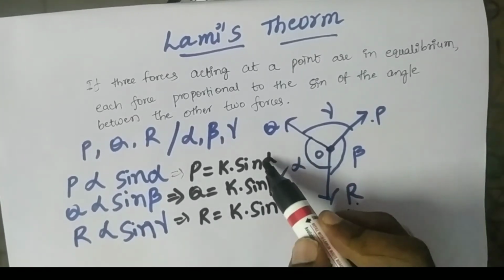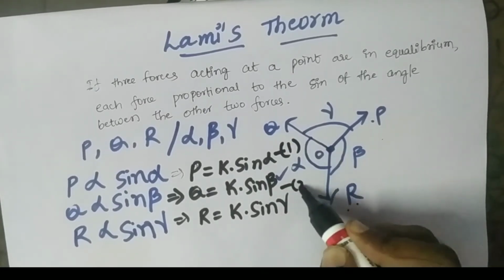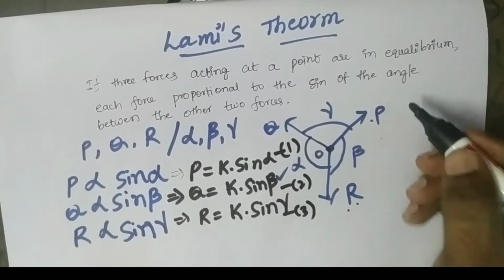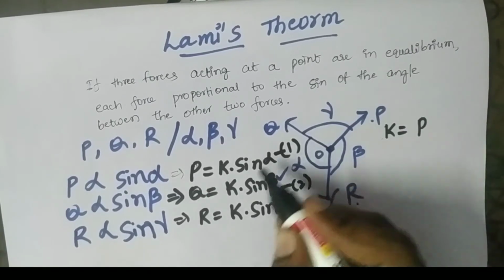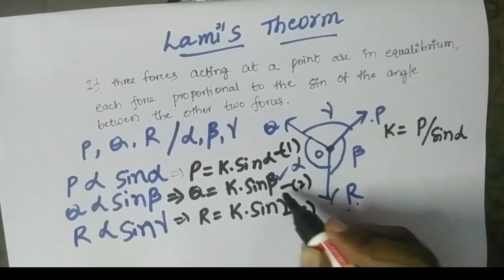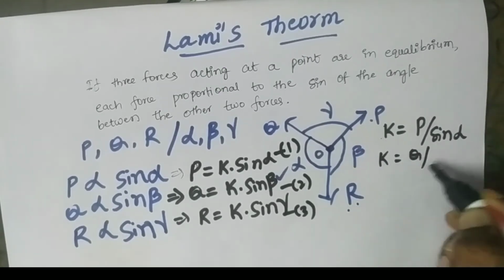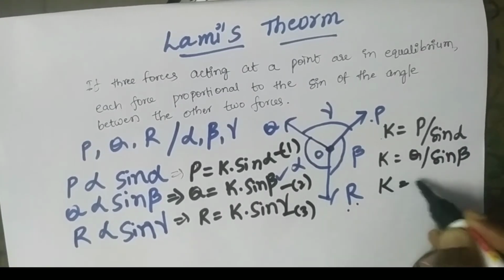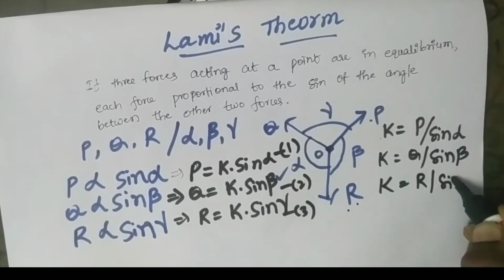Consider these equations 1, 2 and 3. From equation 1 you can write K equals P by sin alpha. From equation 2, K equals Q by sin beta. From equation 3, K equals R by sin gamma.